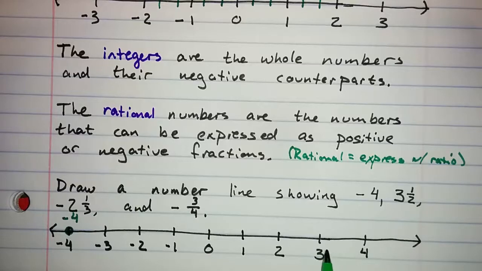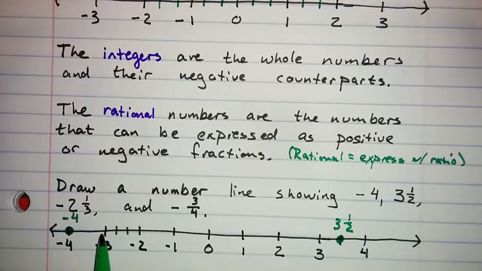+3.5, I take the unit that starts at 3 and goes up to 4, cut it in half. There's 3.5. -2 1/3, that's going to be just to the left of -2, because I start from 0 and I go 1, 2, and then another third of a unit.